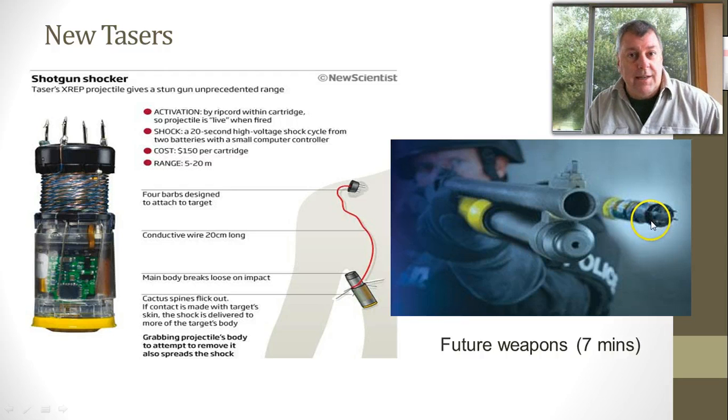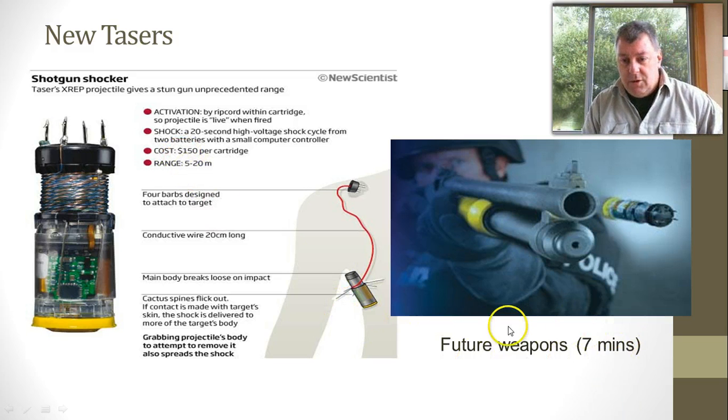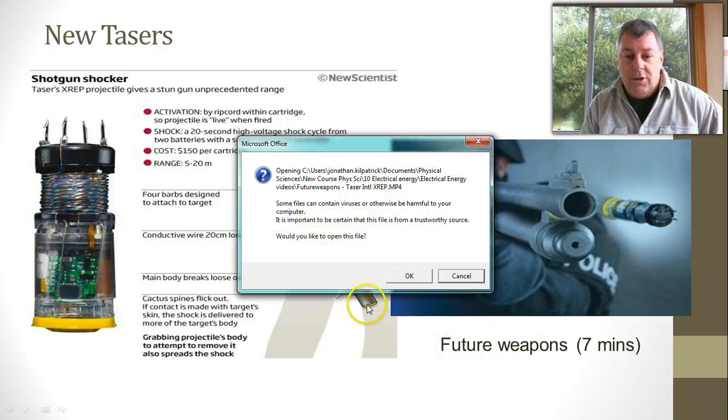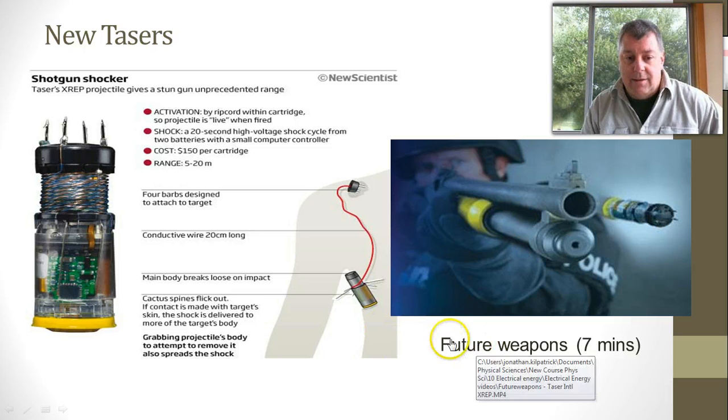It's like a flying taser, and so there's no wires or anything that link the police officer to the taser either, and so you've got a much greater range, this time from 5 to 20 meters. And there's going to be a video on YouTube from a TV program called Future Weapons showing you about that, which is fairly new actually.